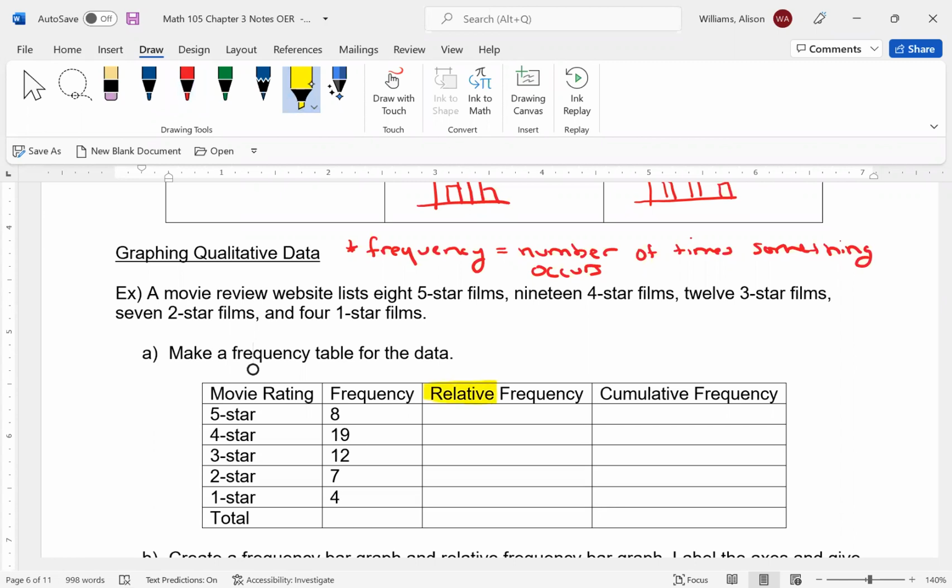They've already given us the frequency. Those are the amount of 5-star films, 4-star films, and so forth. But relative frequency means that they want us to come up with a percent. So we need to find the percentage of movies that are 5-star and the percentage of movies that are 4-star and so forth. So first thing that I need to do is total this frequency column.